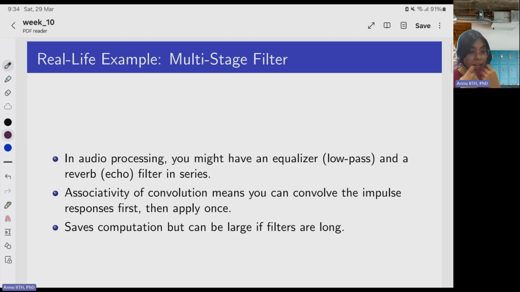In audio processing, actually, we might have an equalizer that is a low pass and reverb that is an echo filter in series. So associativity of the convolution means you can convolve the impulse responses first and then apply the result, which saves computation but can be large if the filters are very large.